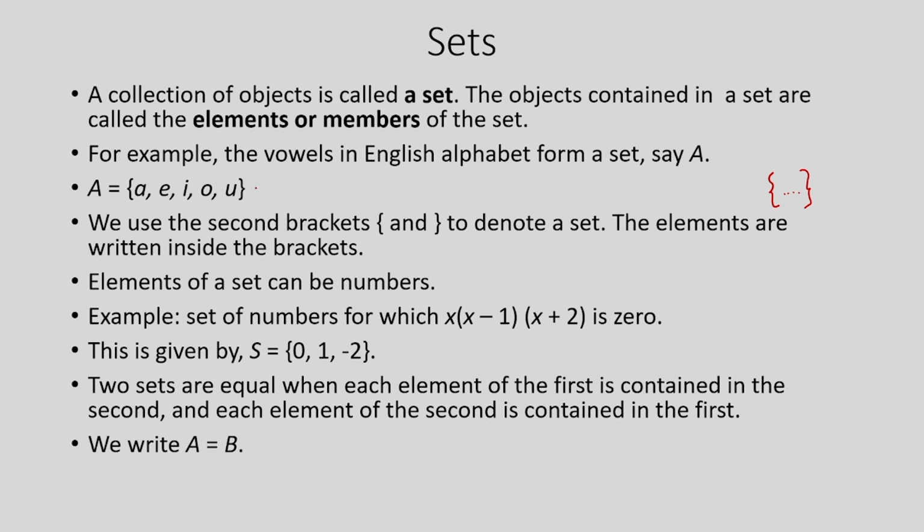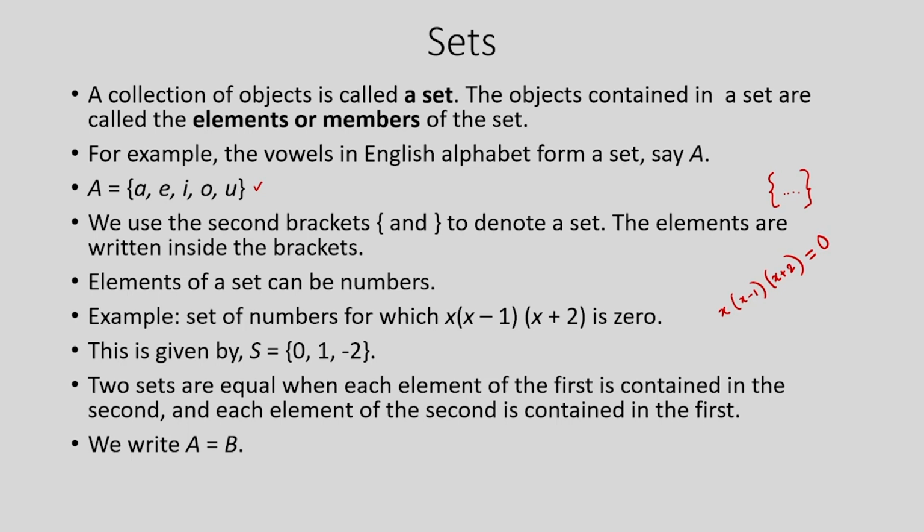Now, in this example, the elements of the set are just the alphabets which are vowels, but the elements could be numbers as well. For example, the set of numbers for which x multiplied by (x minus 1) multiplied by (x plus 2) is equal to 0. So the elements of the set that we are talking about must satisfy this equation. We have talked about what are known as variables in our previous module.